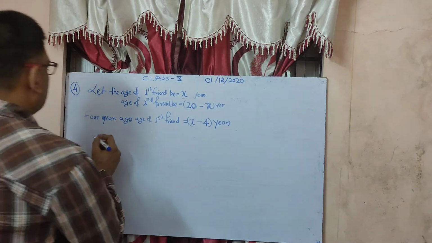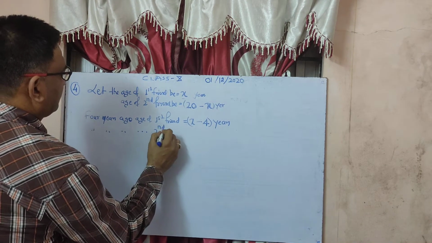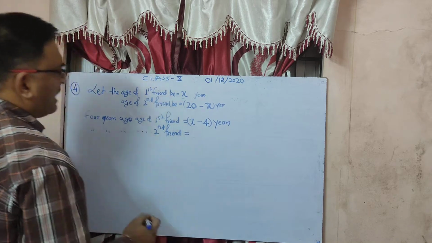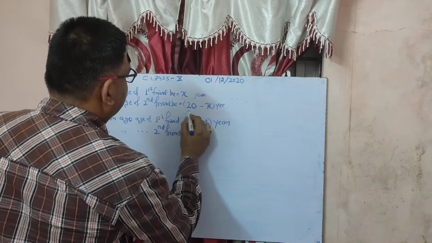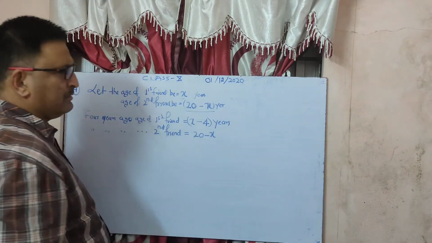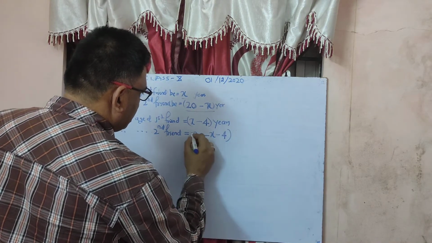Okay. Now, again, 4 years ago, the age of the second friend will be, now we already know the age of the second friend, that is 20 minus x. Again 4 years ago, that is minus 4.